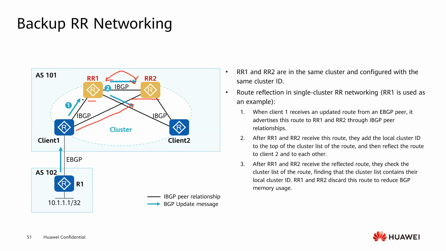It will advertise the optimal route to all its clients and non-clients, right? So it will send to client 2, and also send to R2, and R2 will check the route. Oh, they are in the same cluster, so it will discard this route. So it also prevents loops. So R2 will discard it, and then it will send to client 2, right? So this is the backup networking.